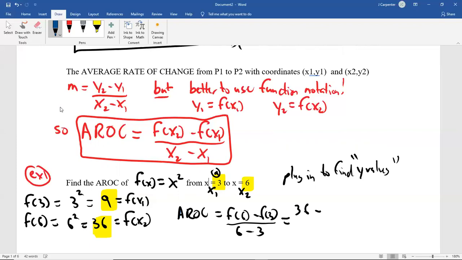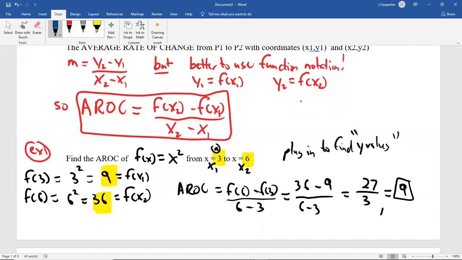The f of 3 was the 9. So we got 36 minus 9 in the top. In the bottom, that's just the 6 minus the 3. 36 minus 9 being 27. 6 minus 3 is 3. And 27 divided by 3 is 9. So that is the average slope from x equals 3 to 6.